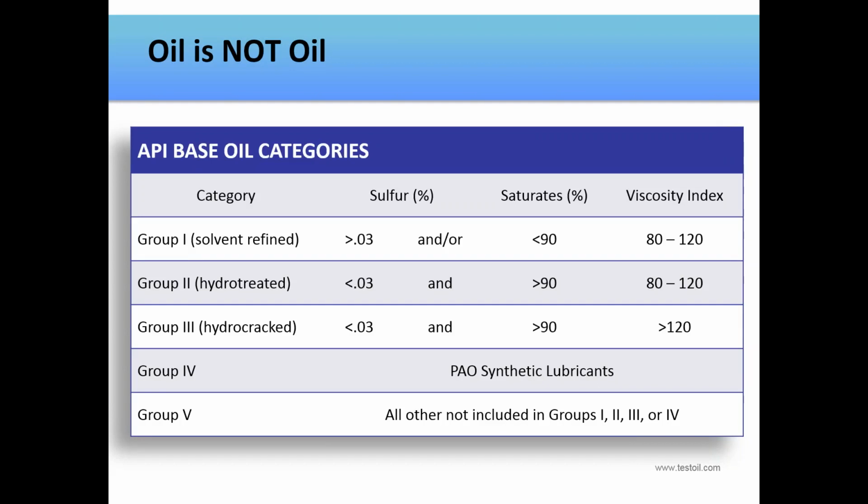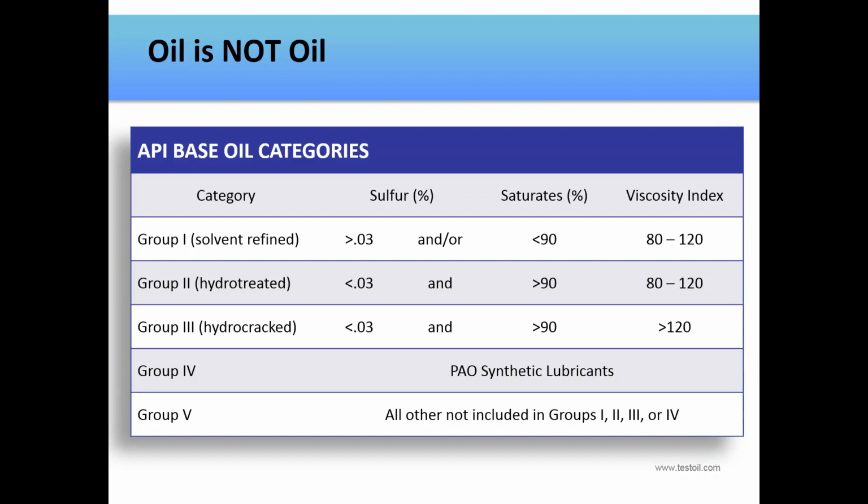Groups 1 through 3 consist of mineral oils that have been refined using different methods, and group 3s actually undergo a process that results in a purer base oil and are sometimes described as synthesized hydrocarbons. Sometimes you'll see those listed as group 3+. Group 2 and 3 tend to be more resistant to oxidation than group 1 base oils. And these different chemistries are why we have the differences in the groups.